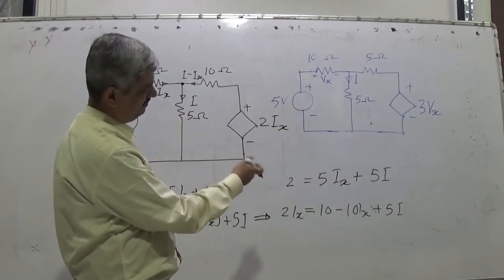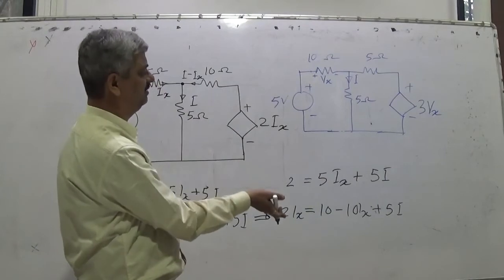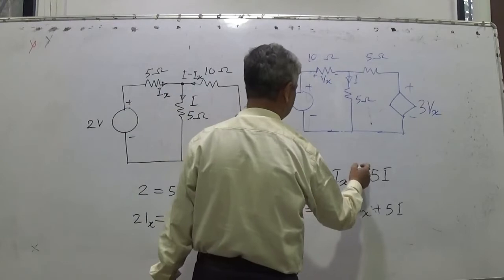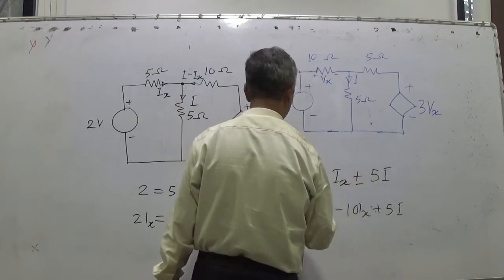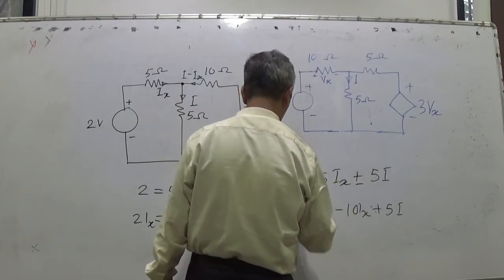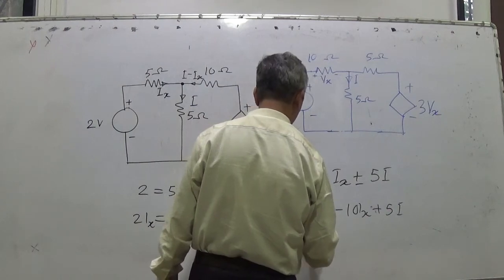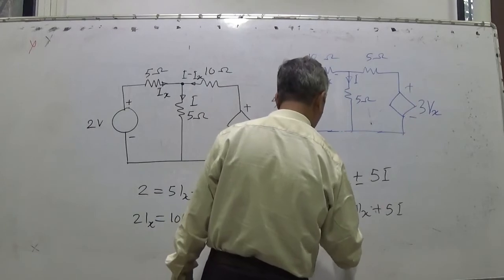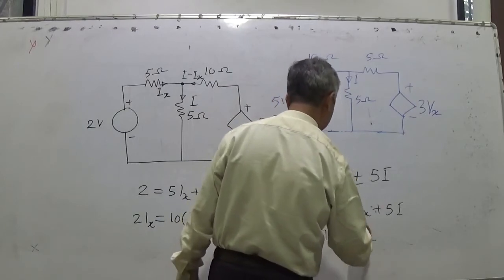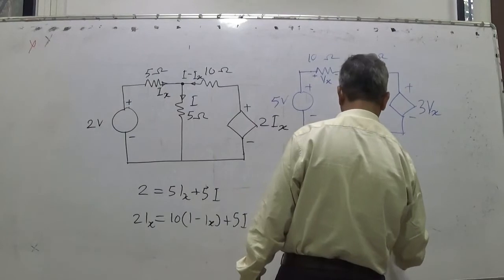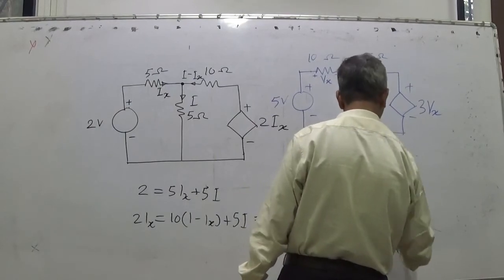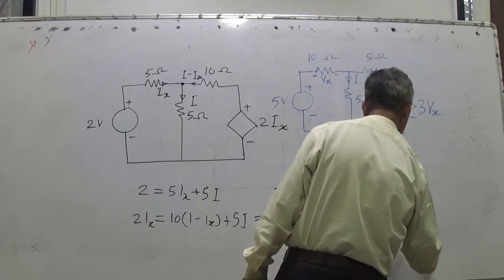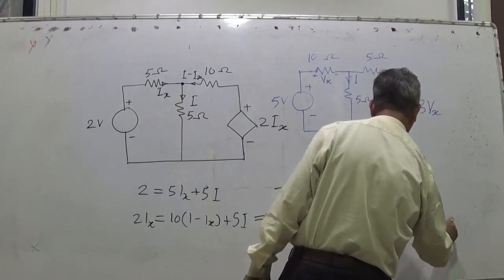You can have many ways with which you can solve this equation. Just multiply it by minus 1. So 2Ix minus 2 is equal to 10I minus 10Ix plus 5I minus 5Ix minus 5I.